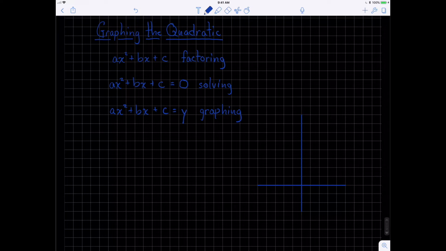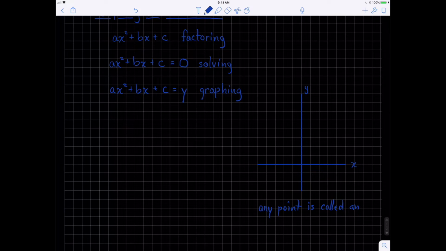That looks about right. Now remember, this horizontal line we refer to as the x values, and the vertical line are the y values. And any point on the graph is called an ordered pair.